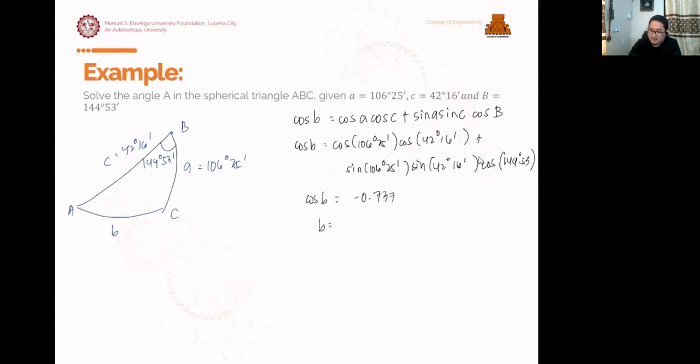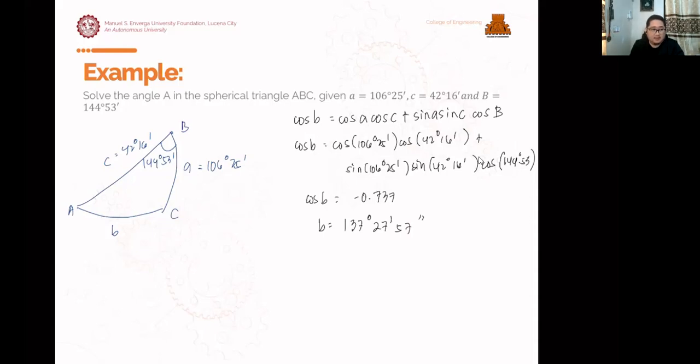Then kunin lang natin yung inverse cosine of that number. We have value of B as 137 degrees, 27 minutes, and 57 seconds. Okay? So, yan yung side B natin. Pero ang kailangan natin ay si angle A. No?